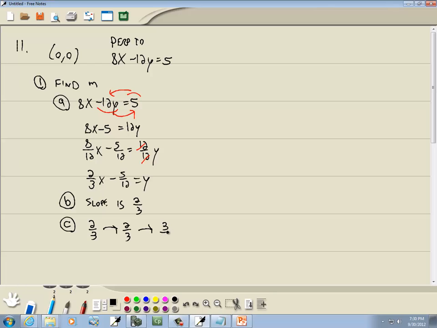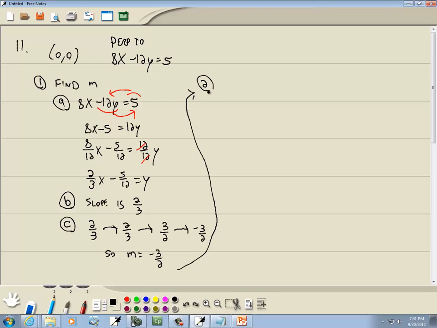Flip it, take the reciprocal. That's 2/3 becomes 3/2. And then change its sign, so it becomes -3/2. So m is equal to -3/2. That'll become pretty easy after a while. You won't have to write all these steps down. You see the fraction, you flip it, change the sign.